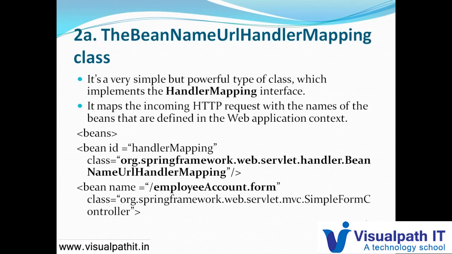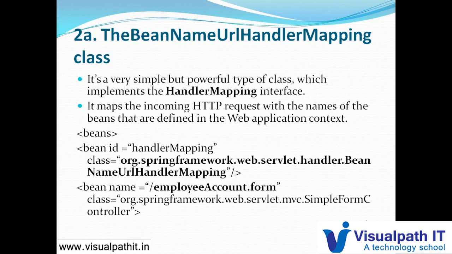It maps the incoming HTTP request with the names of the beans that are defined in the web application context. So now let's see how to use it, the code snippet on how to use it. So here the beans will be enclosed between the beans element, bean ID, handler.